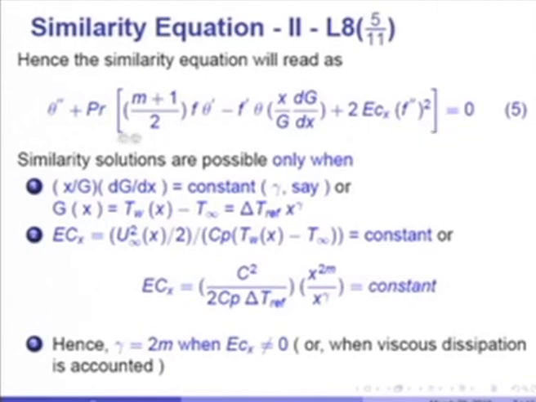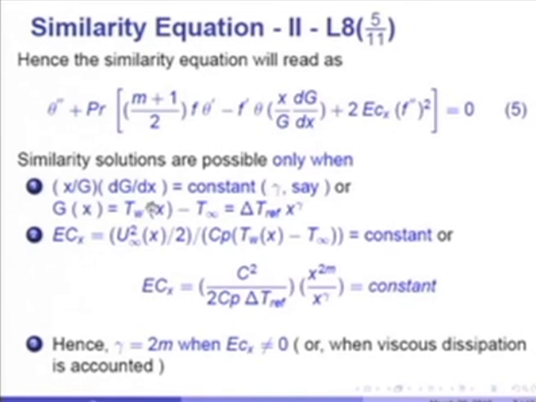Now, as we said before, this equation will be a perfectly ordinary differential equation if this quantity x divided by g dg by dx is a constant. Let us say it is gamma.